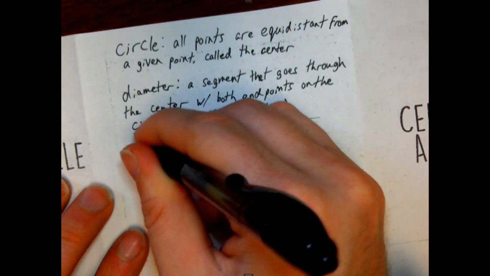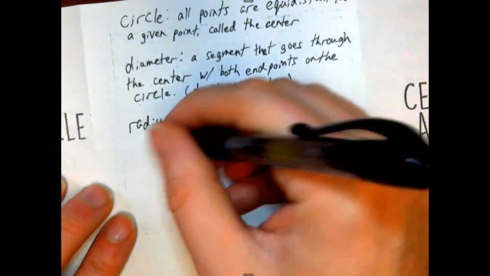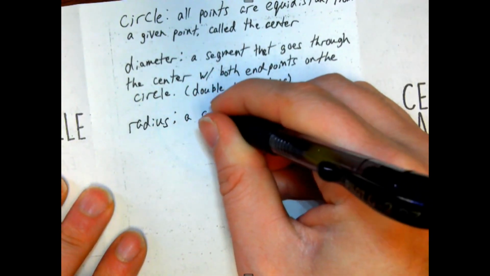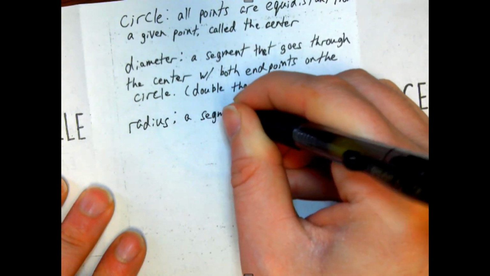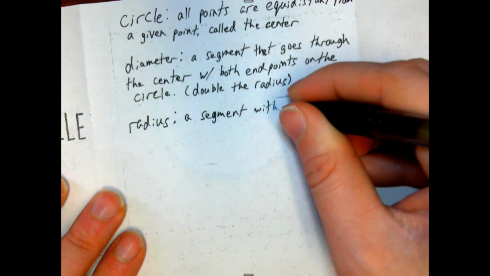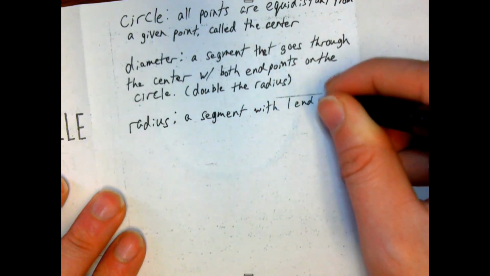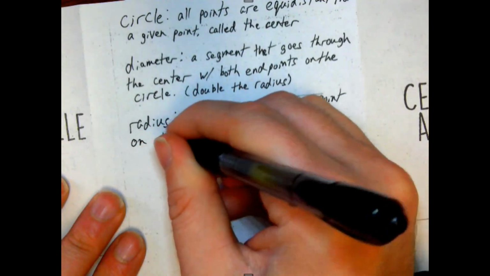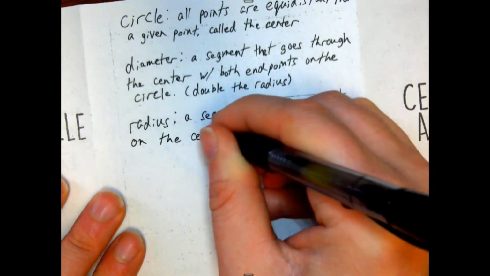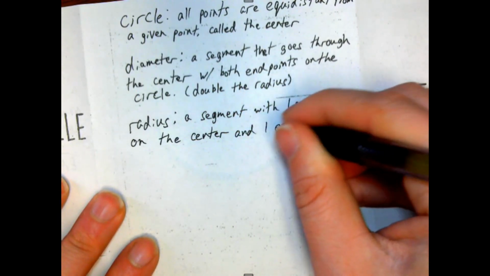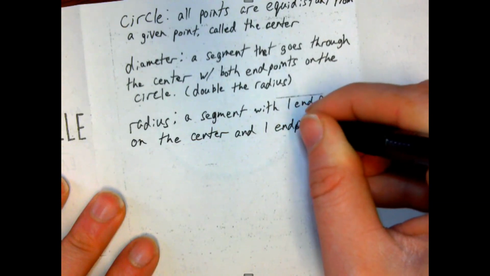And speaking of radius, the radius of the circle is a segment with one endpoint on the center and one endpoint on the circle.